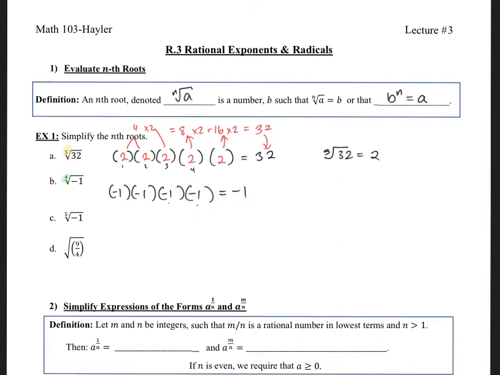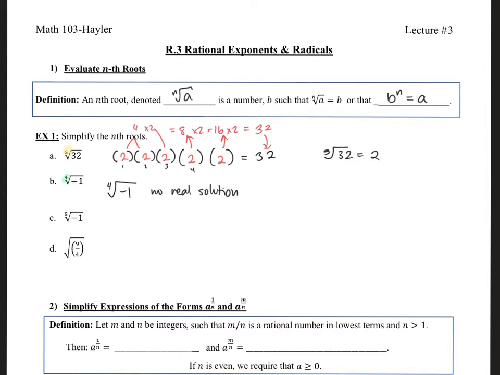And it definitely won't work if I tried to make these all positive ones. So in reality, there is no real number that gives me the answer to this. So this has no real solution. There is no number that when I multiply it by itself 4 times, I get negative 1.